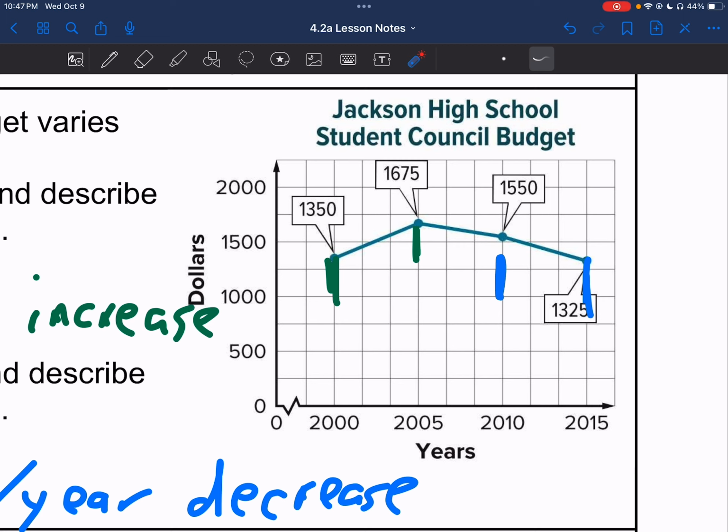And so when you have these kind of graphs, that's a way that you manipulate the data in the way it's presented to alter how people may perceive it. So when it comes time to you creating your own graph, if you have data in a time period, you should not be using that little skip there.